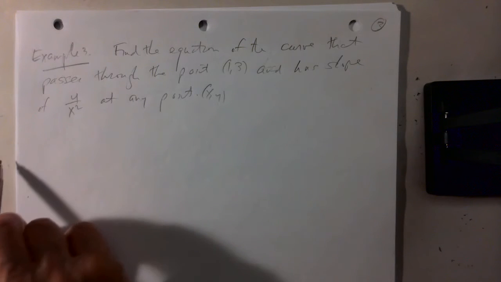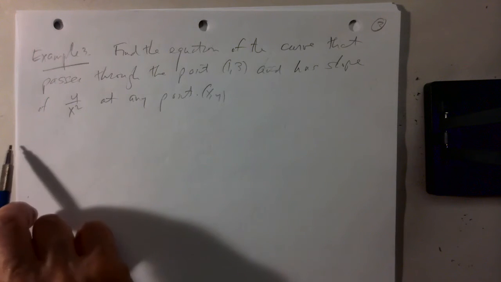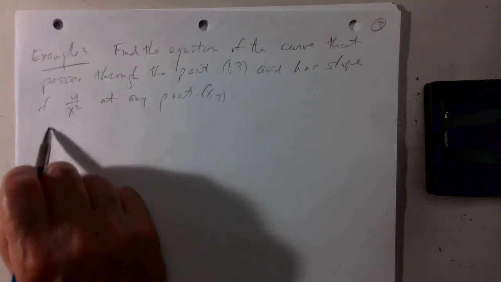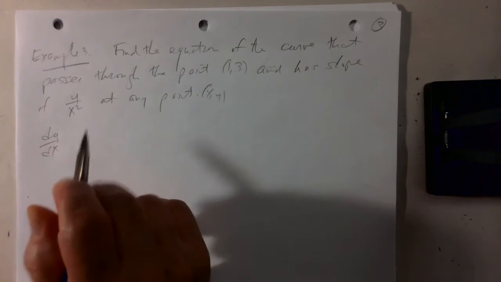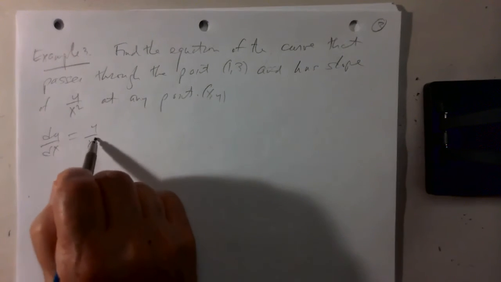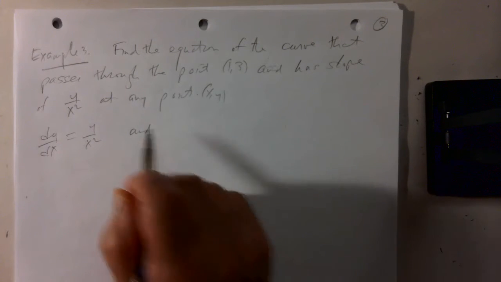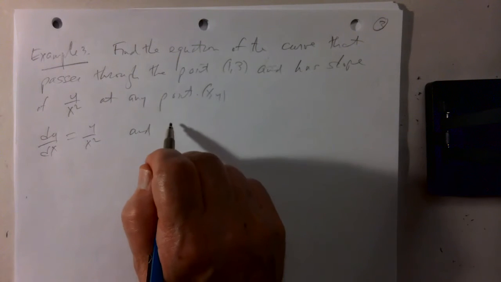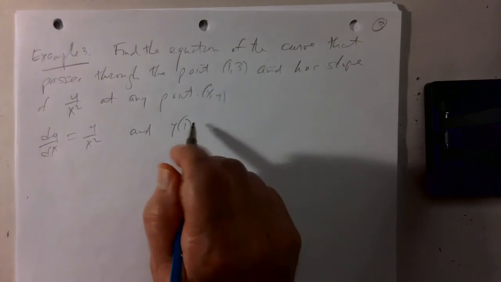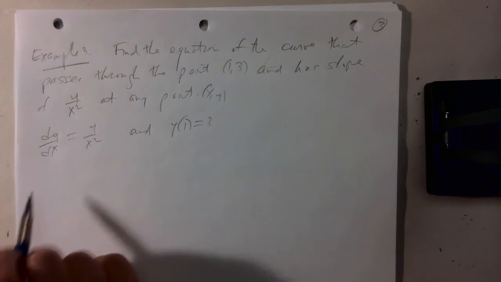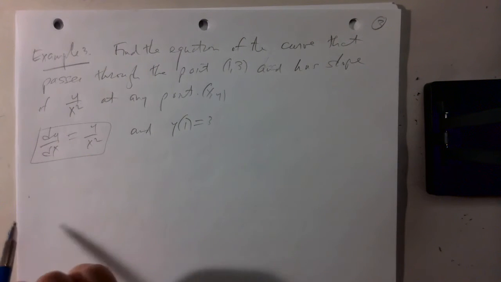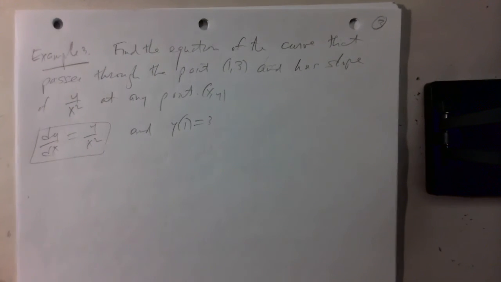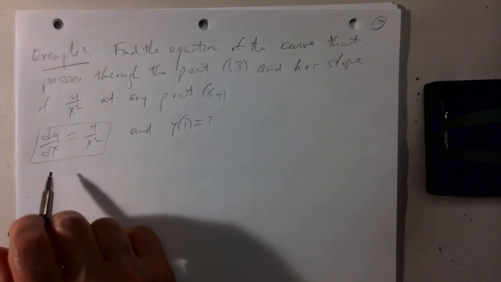So what does it mean to say that our function y has slope y over x squared at any point x, y? It means that dy/dx, the derivative, is y over x squared. And if it goes through the point 1, 3, y evaluated at 1 is equal to 3. Now, this differential equation is separable. I can separate the variables.